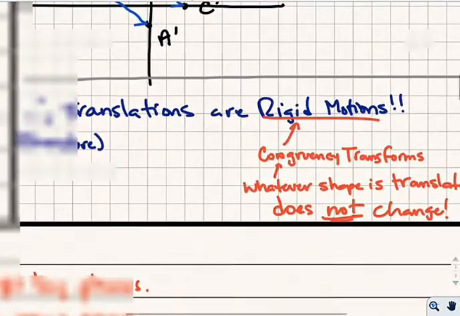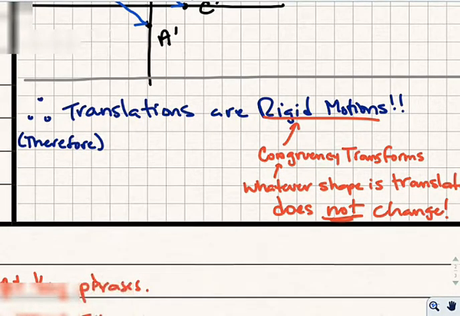So if I call this translation a rigid motion, what I'm basically saying is no different than, say, a car or a bus. When you ride the bus to school in the morning, you get on the bus, you're you. The bus takes you to a different part of the city and drops you off. But when you jump off the bus, you don't change into a different person.